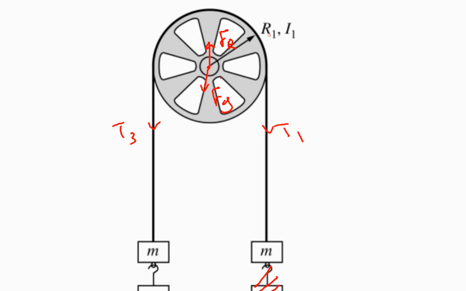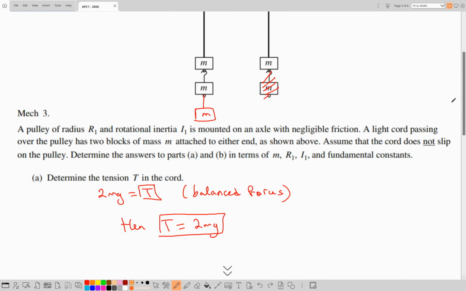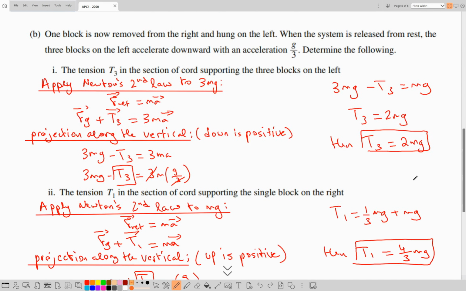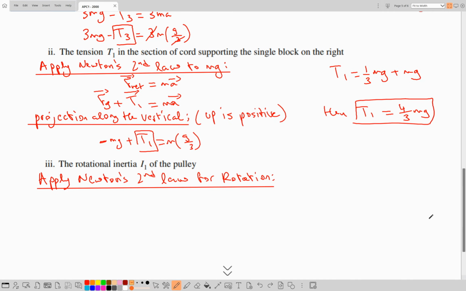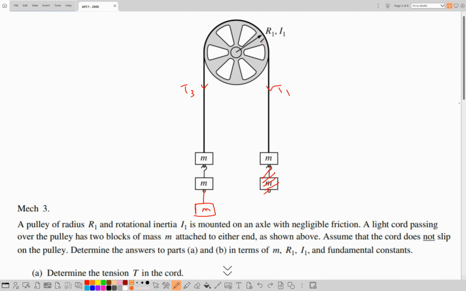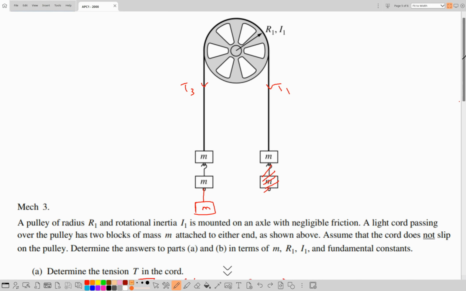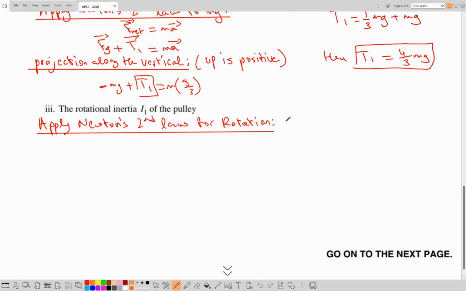Now these two forces don't produce torque, simply because their line of action passes through the axis of rotation. So here we need to specify the point about which we're applying Newton's second law for rotation, which is basically the center of the pulley. So let me say about the center.